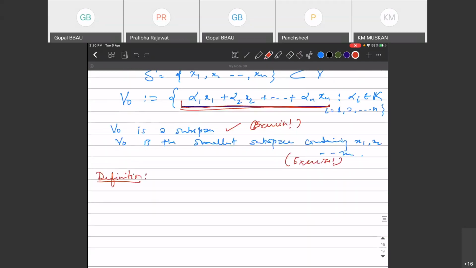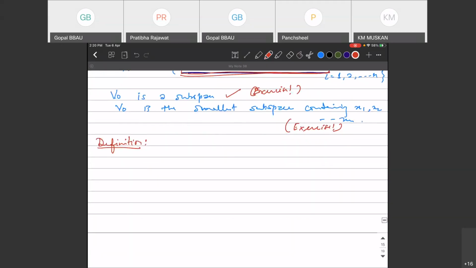We call this sum a linear combination of x1, x2, ..., xn. So let me define this linear combination for you.